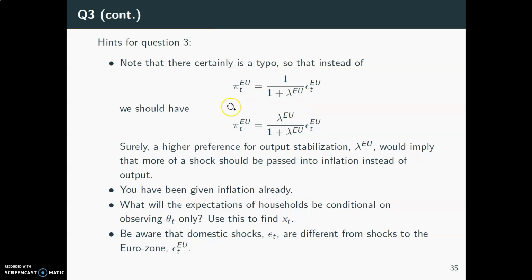So if they know that inflation is set this way, what do the households expect? Use this to find xt, the output. And one thing that you should keep in mind is that domestic shocks epsilon t are different from shocks to the Eurozone epsilon t EU. So these are two different kinds of shocks, okay?